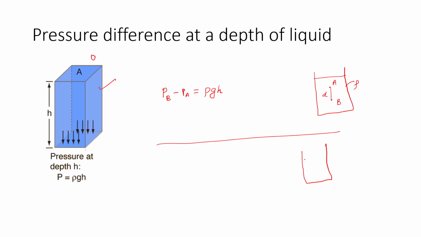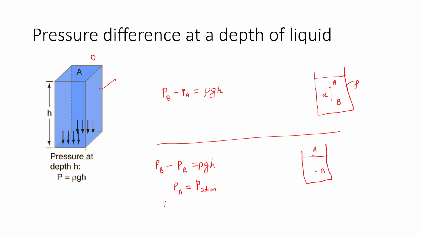Now if point A is at the atmospheric level, let's say this is the container, this is point A which is at the atmospheric level, and this is point B. So for the pressure difference between these 2 points, Pb minus Pa is equal to rho g h. Now because it is open to the air, Pa is also equal to Patm.